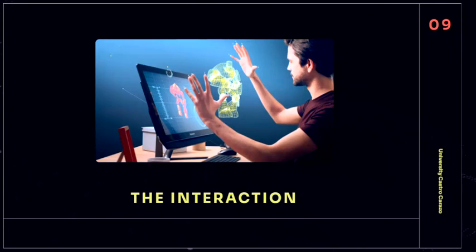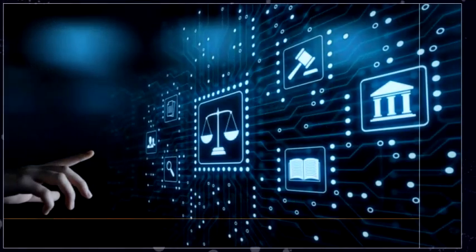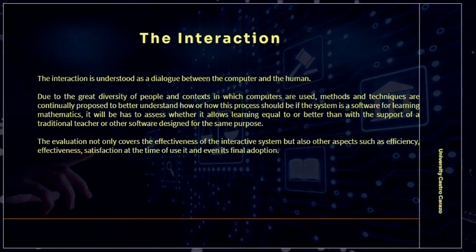The interaction. The interaction is understood as dialogue between the computer and the human. Due to the great diversity of people and contexts in which computers are used, methods and techniques are continually proposed to better understand how this process should be.